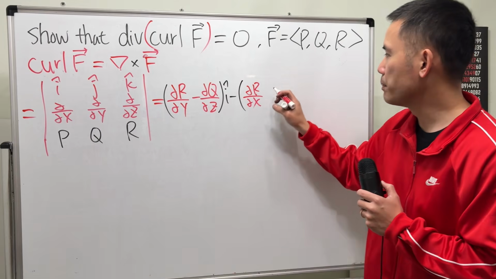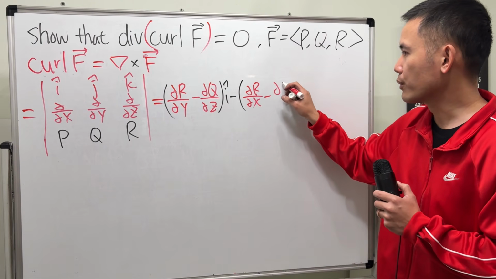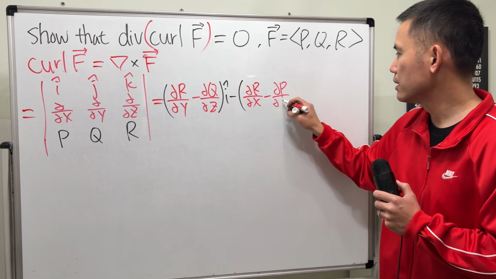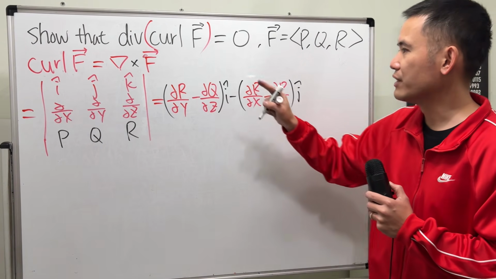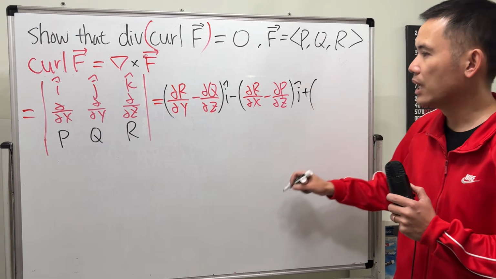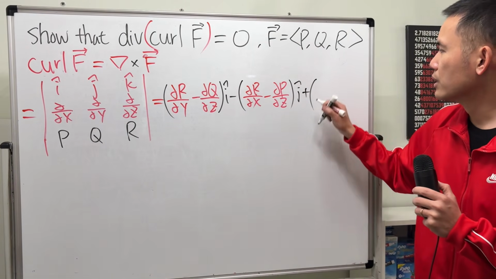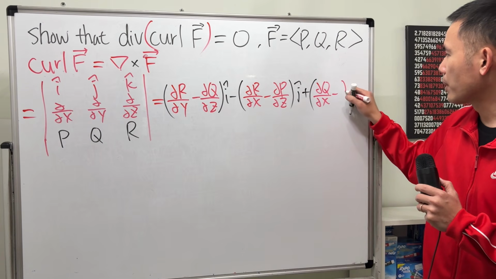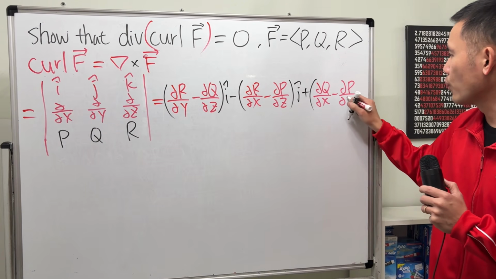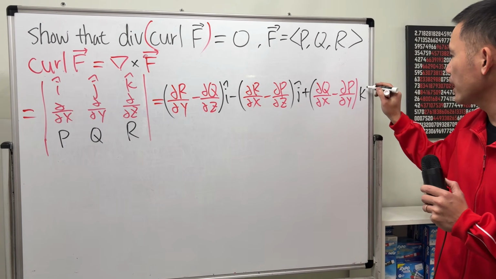This and that is partial P, partial z, and subtract, of course. And then, lastly, we have the k. We do this and that, so it's partial Q with respect to x minus partial P with respect to y. And that's the k component.